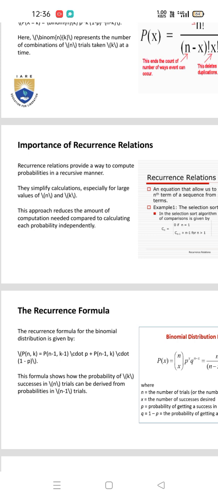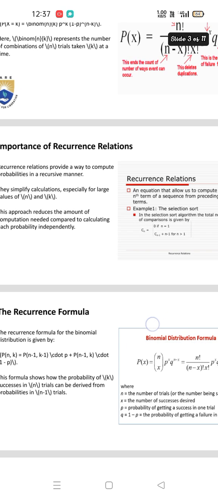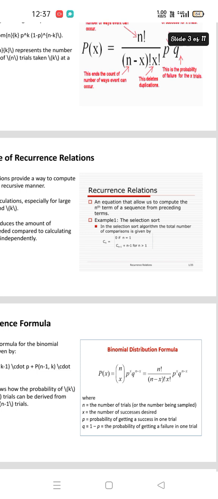This approach reduces the amount of computation needed compared to calculating each probability independently. Recurrence relations are equations that allow us to compute the nth term of a sequence from preceding terms.